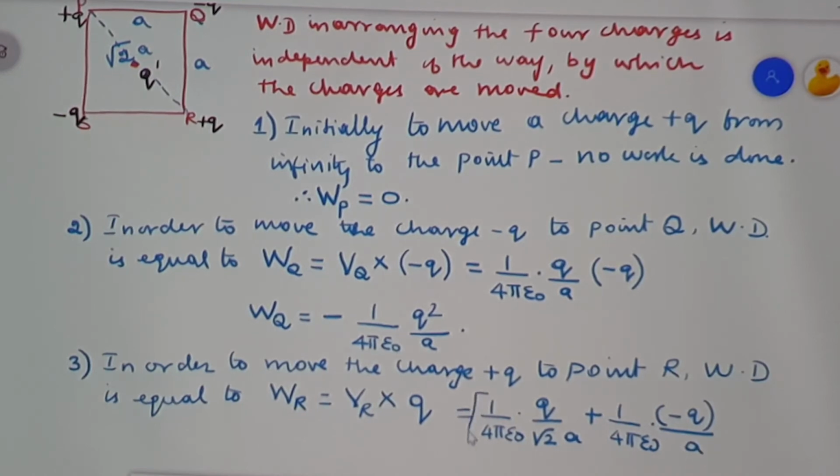I have to multiply the charge moved with this potential. What is the charge moved? The charge moved is q. So how can I simplify this? You can see how to simplify.